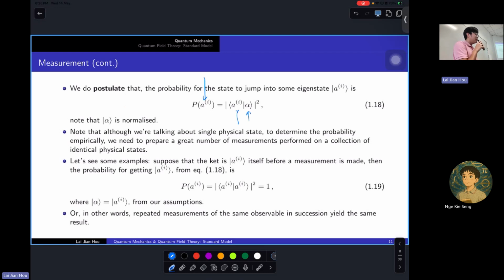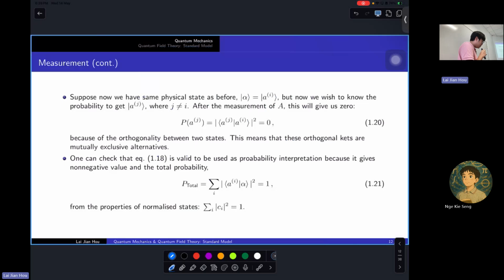It is not possible that we do measurement A and then do another measurement again and it gives the same result, unless we are doing the measurement on the same physical state before it changed. So maybe let's see some examples.